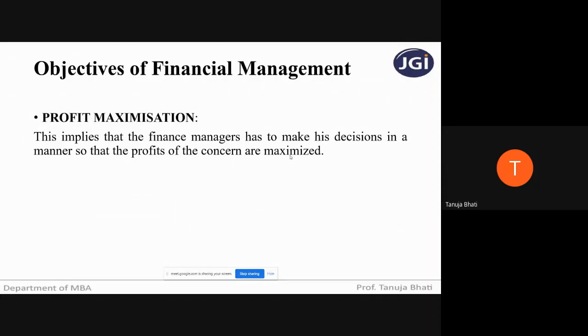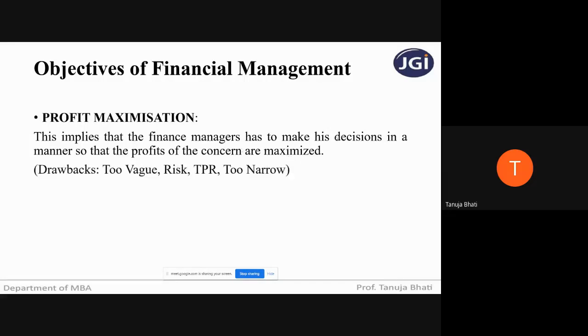He's not worried about the employee struggle. He's not worried about the quality. He is not worried about other factors. He's just worried about one thing: how will I maximize my profit with a particular investment decision. But this objective of profit maximization has a few drawbacks.